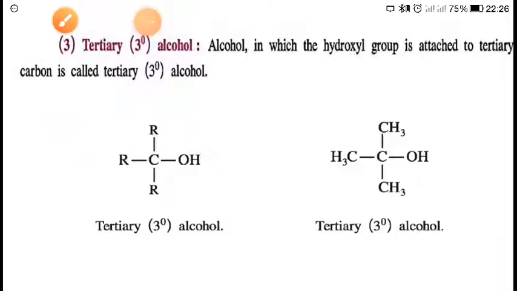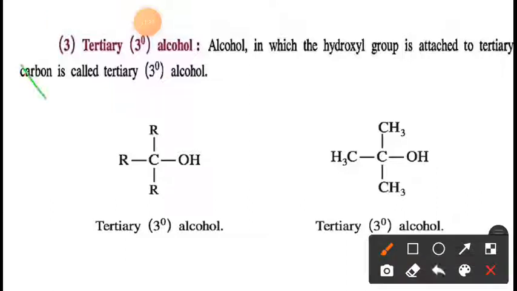I will give you one example. Suppose this one is like this, here OH is there. So this is the example of 1 degree allylic alcohol. Okay. Now next, because here this position where the OH is attached is sp3, and next to that there is a double bond, right?